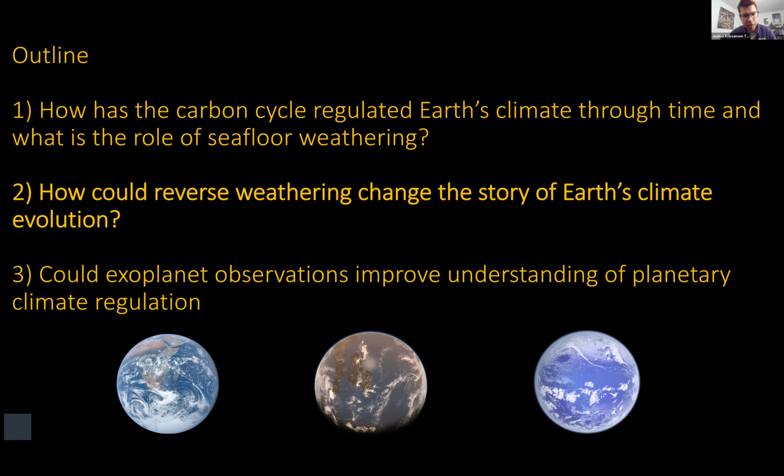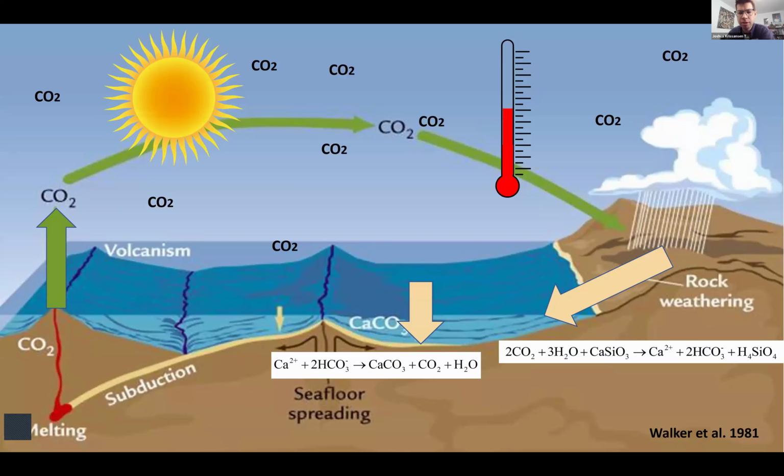So next I want to talk about how reverse weathering could change the story that I've just shown you of Earth's climate evolution. Going back to our textbook schematic of the carbon cycle, something that's often not really discussed in these introductory treatments is what exactly happens to this dissolved silica that gets produced when you weather rocks.